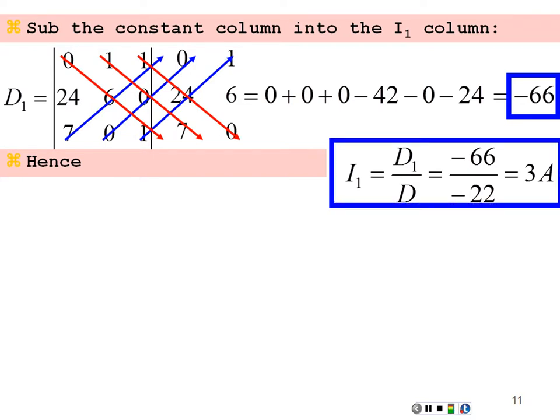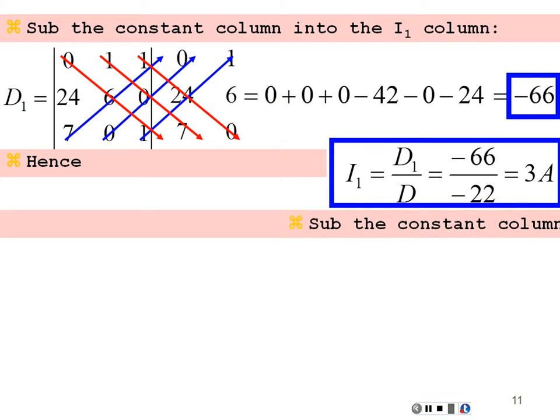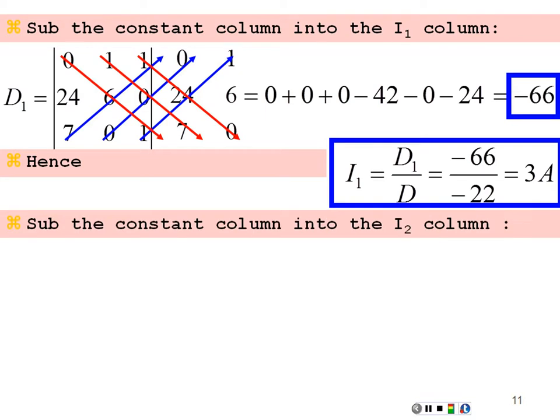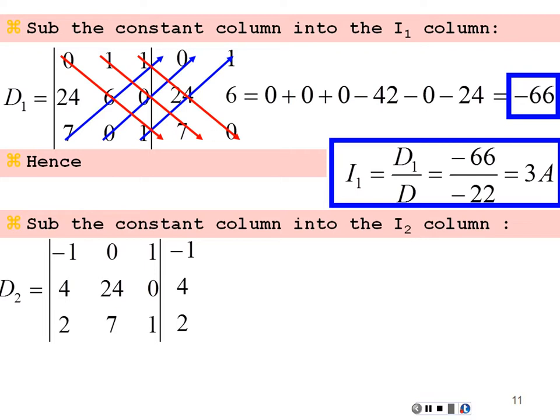I could do the same with my other variables using the same denominator determinant in each case. For instance, if I were to try to find I2, take my constant column, substitute that in for the coefficient column for I2, I get this determinant here with the 0, 24, 7 being in the middle column. To solve this determinant, I'm going to repeat my first two columns and again do my diagonals.